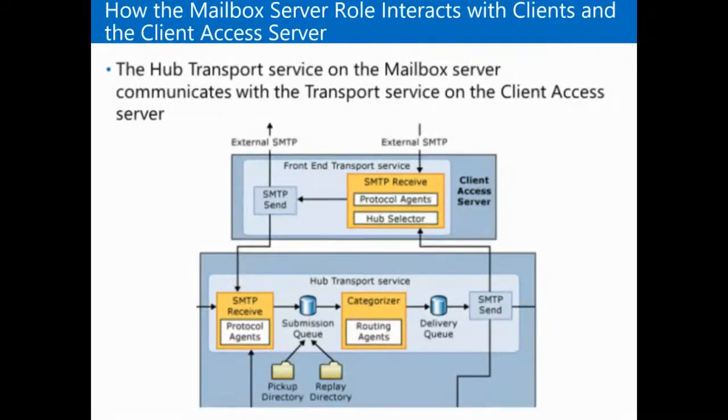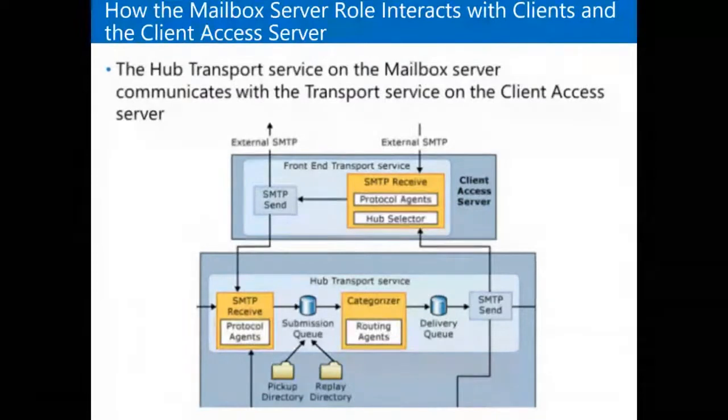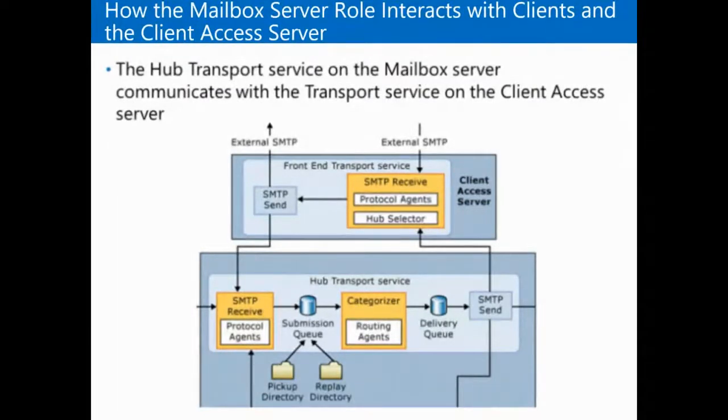Because the client never communicates directly with the mailbox server, the client access server accepts client requests and sends them to the mailbox server. The front-end transport service, which runs on the client access server, accepts and sends messages from the internet and then forwards them to the hub transport service running on the mailbox server.